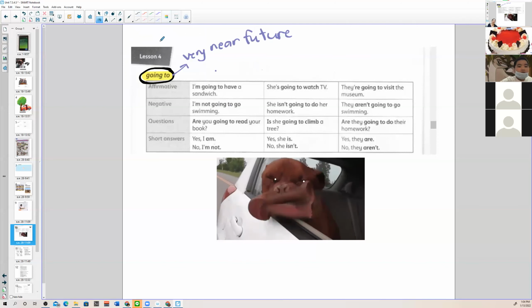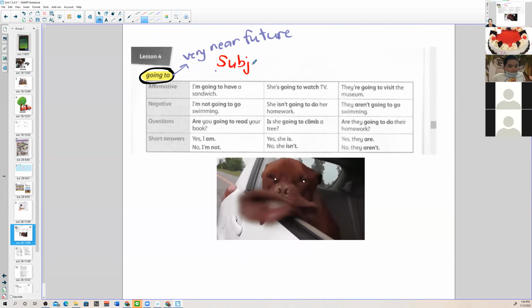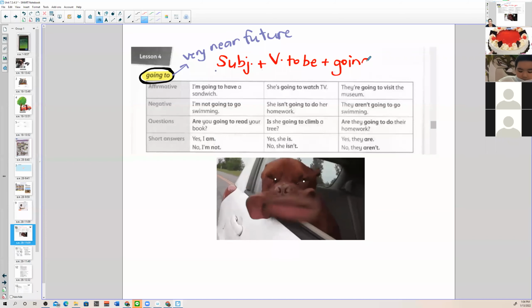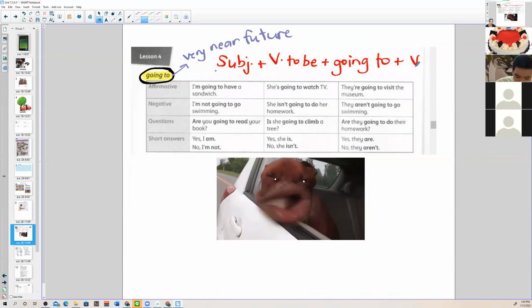Okay. So the structure is subject plus verb to be plus going to and the pure form of verb, right?